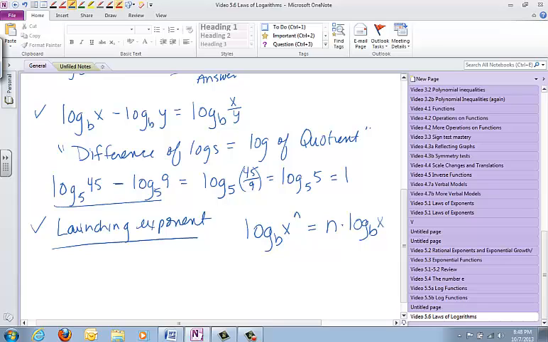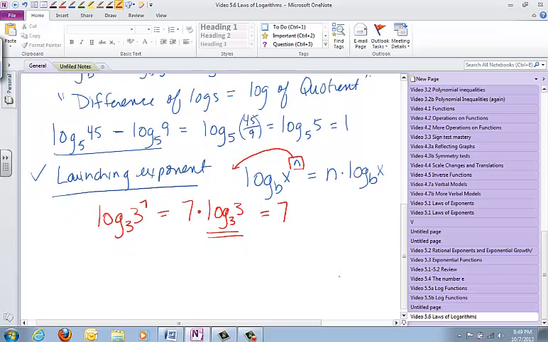So what we can see that happened here is that the n used to be an exponent, and for no apparent reason, it launches right down in front. Okay? And so how we can use this property, if we have something such as log base 3 of 3 to the 7th power, we can rewrite that as 7 times log base 3 of 3. And we know that log base 3 of 3 is 1, and so simplified, that's equal to the number 7.